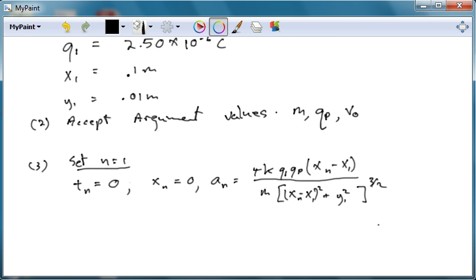I think that'll do it. And set v equal to v0.